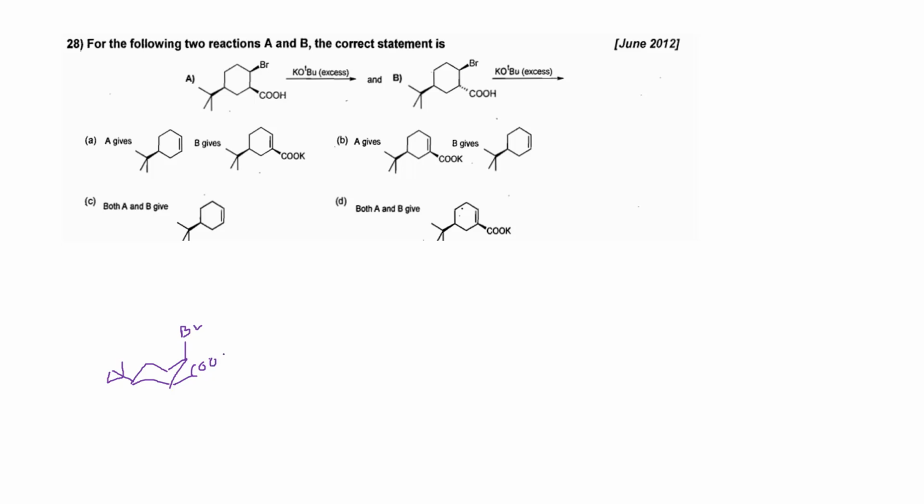Now if we add base to this, there is an H available here, so there is an anti-periplanar arrangement. This H will go and bromine will be eliminated. Simple way, because there is an anti-H available.